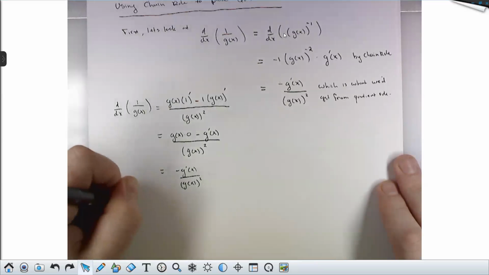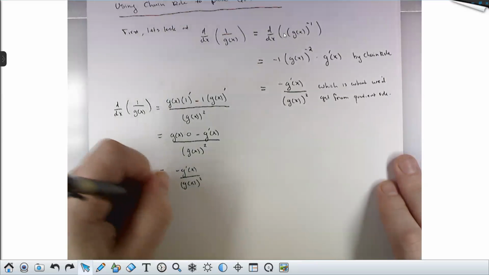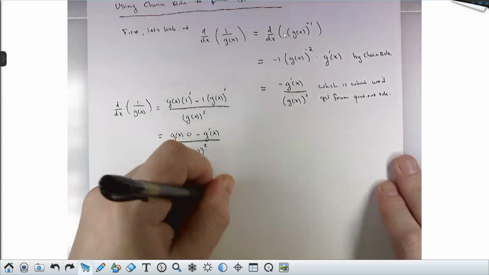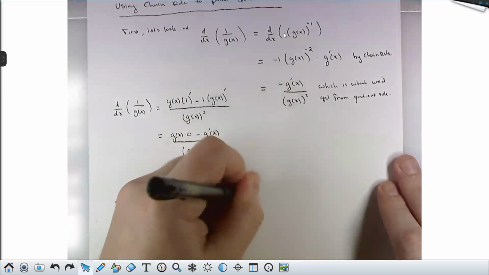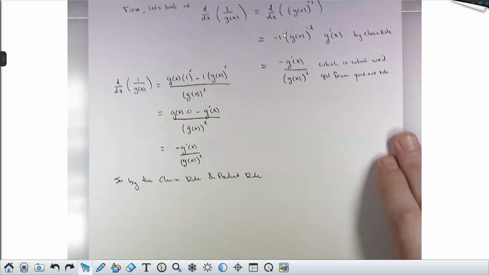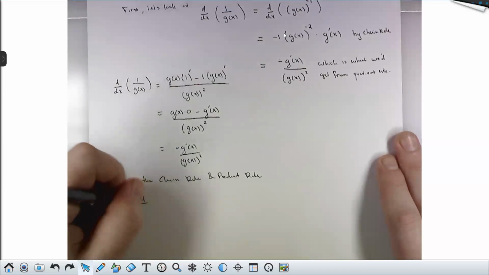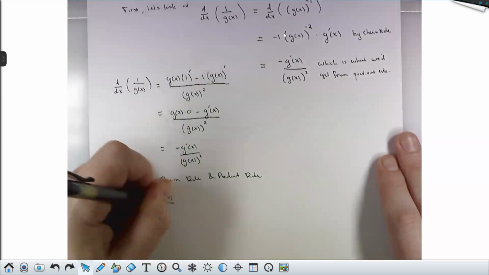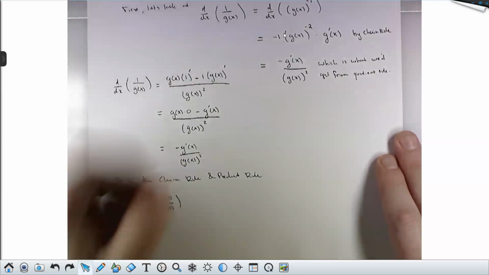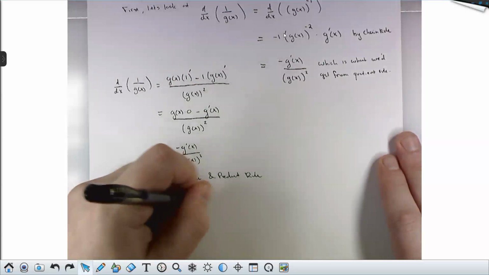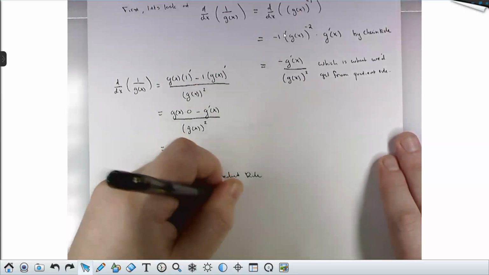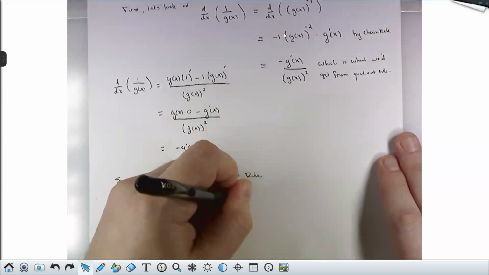So by the chain rule and product rule, I can prove now the quotient rule. d dx of f of x over g of x. Well, that's the same as d dx of f of x times 1 over g of x.